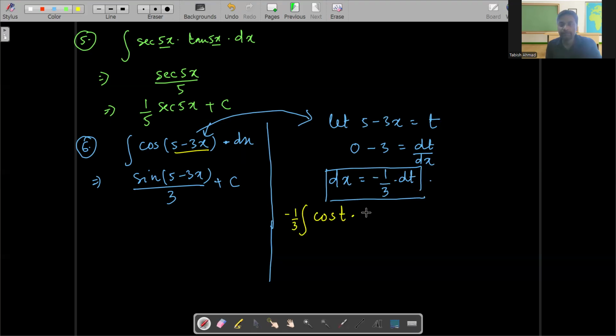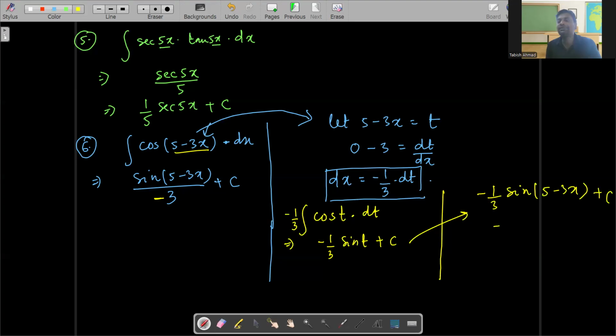So cos t dt is how much? You know that the integration of cos t dt is sine t plus c. This is your answer. Now put the value of t here, negative 1 by 3. Sorry, the negative will be here, I forgot that thing. Sine t will be sine of 5 minus 3x.